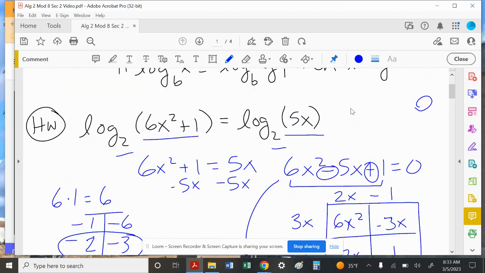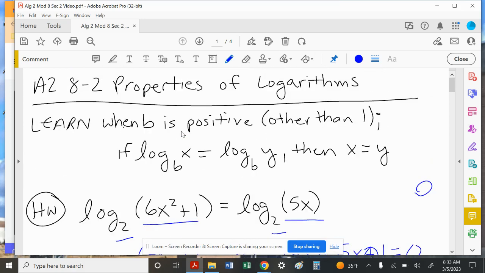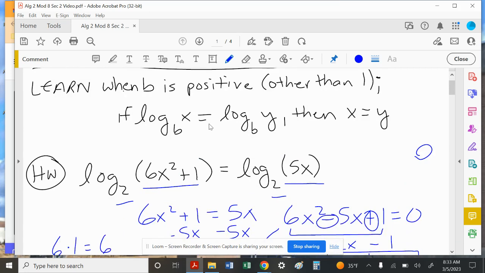Now the goal should always be that we check the values to make sure that they're okay. There are some specific properties about logarithms. When we look at the graph of a logarithm, it looks something like that. You'll notice that the x never goes negative, right?